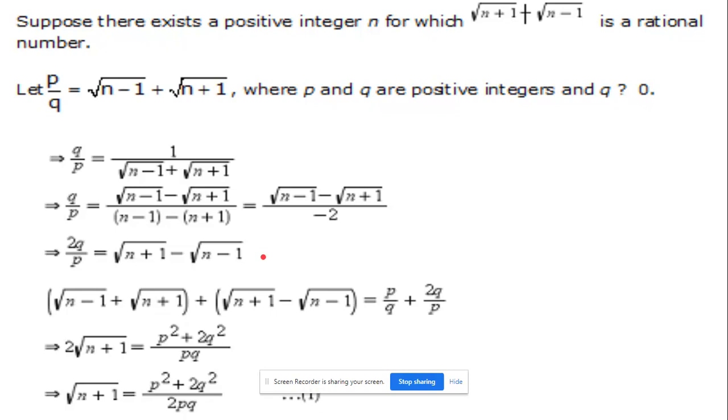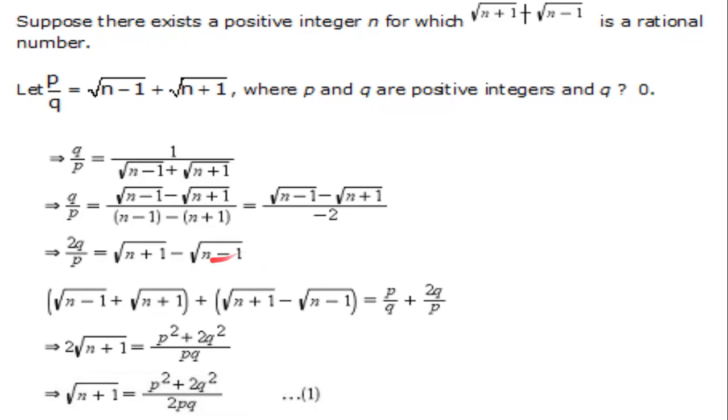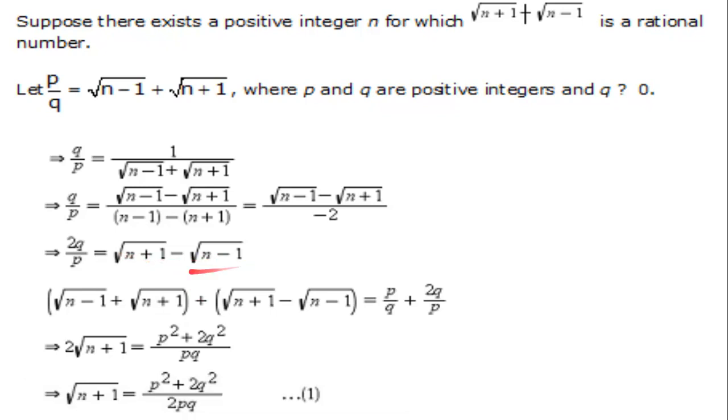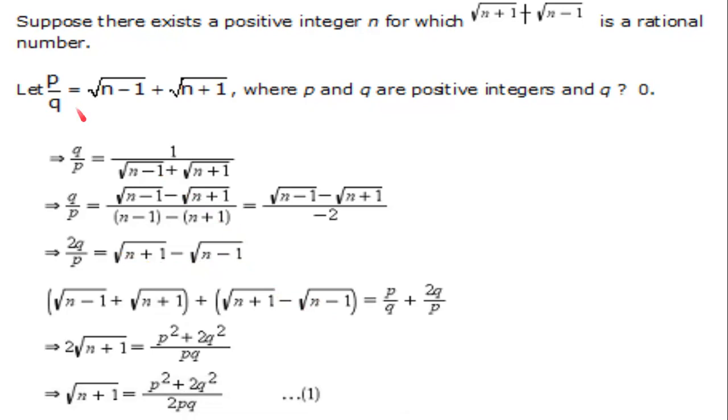So our motive is to add these two equations, and then we will do the subtraction of these two equations in the second part. When you add these two equations, A and B, then you have square root of n minus 1 plus square root of n plus 1 plus square root of n plus 1 minus square root of n minus 1, that will be equal to p by q plus 2q by p.